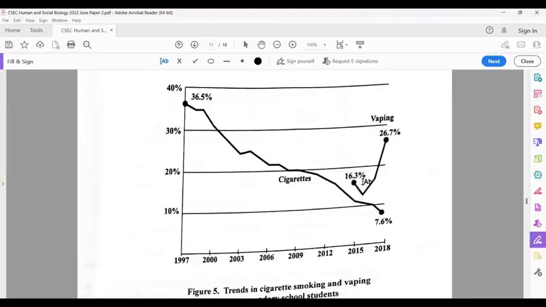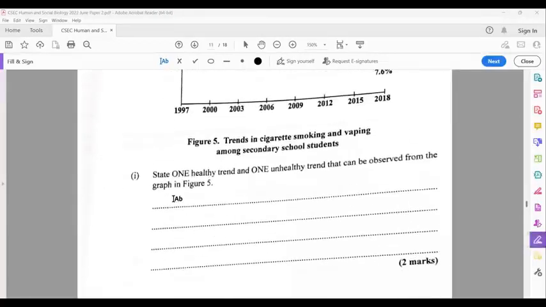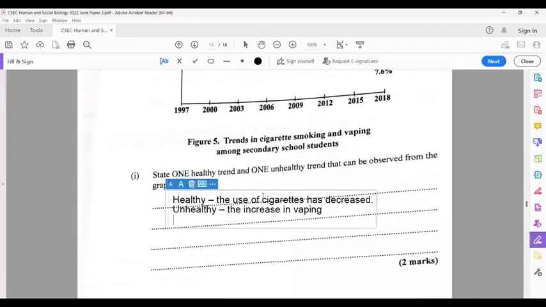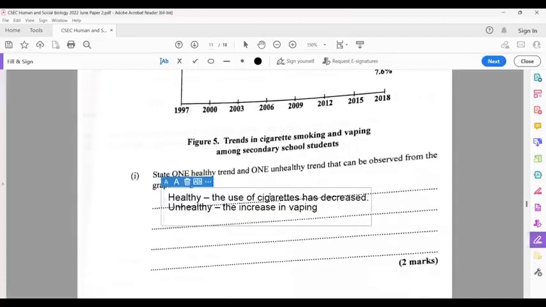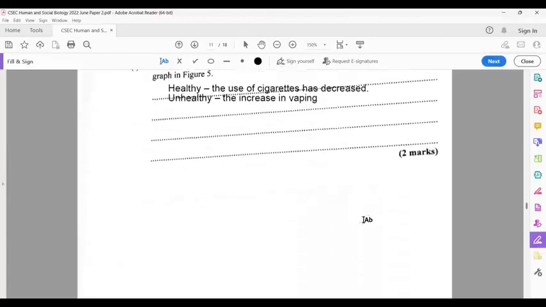That means it was hyped in society, which caused it to go up very, very quickly. In a matter of about 3 years, it jumped up to about 26%. So you could just identify which one is your healthy and which one is your unhealthy, and write them there. 2 marks, 1 mark for the healthy and 1 mark for the unhealthy trend.